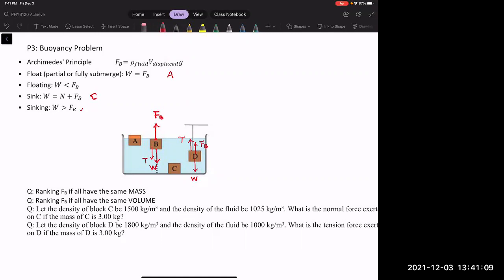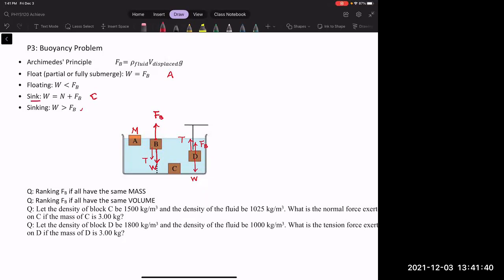Okay, now let's look at the question right here. Rank the buoyancy force if all of them had the same mass. So we know for A, it's the mass of A, so this one is going to be just the weight. Let me write the mg here. What about block C?